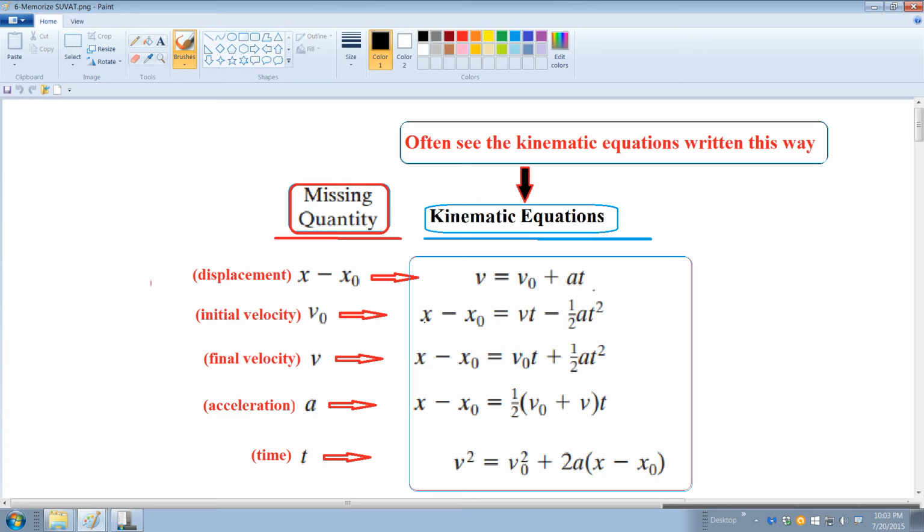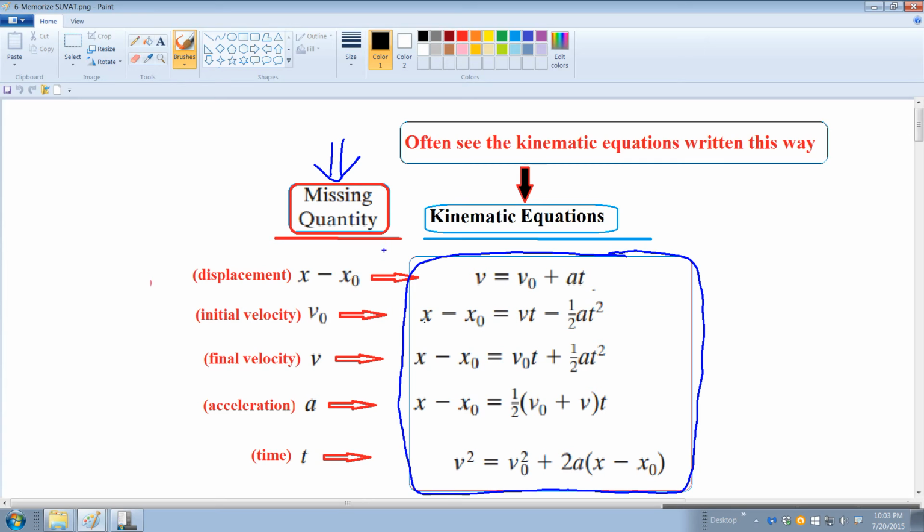First of all, we want to look at the problem with the typical way that we see the kinematic equations given to us. They're normally given like that, and often you'll see this next to it, where the point is made that in this first equation, the missing quantity is displacement.